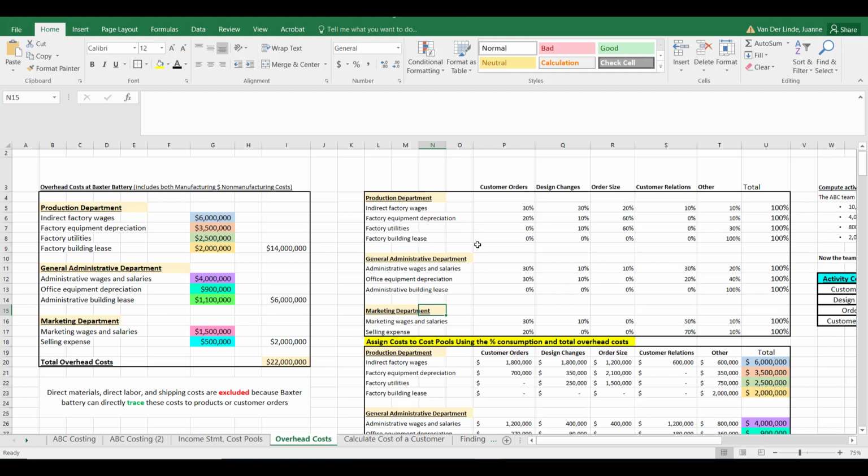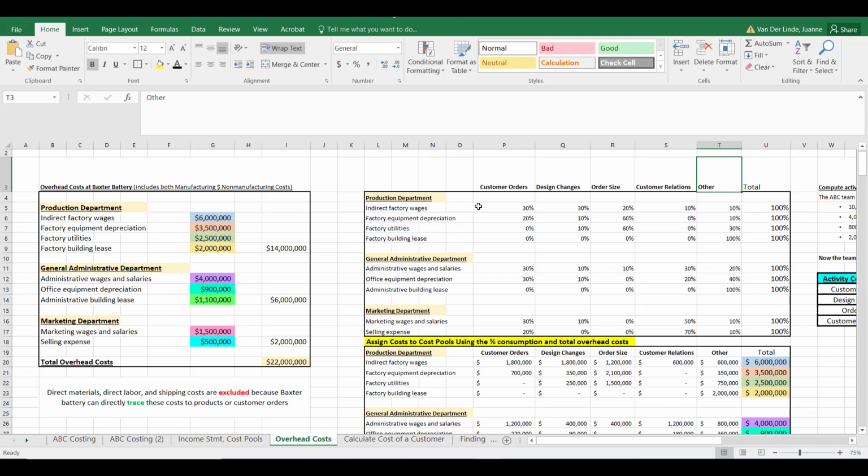Now, what management has determined, based on their experience, is for each of these costs, so for indirect factory wages, they said, okay, of that $6 million, what percentage do we estimate was consumed by customer orders, or by design changes, or by order size, or by our customer relations activity, or other?